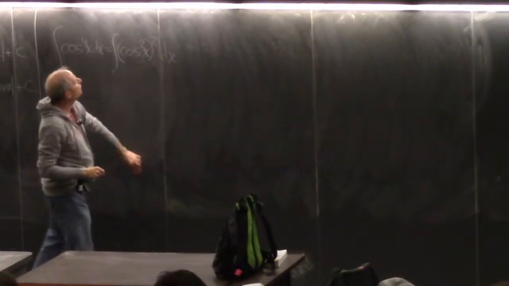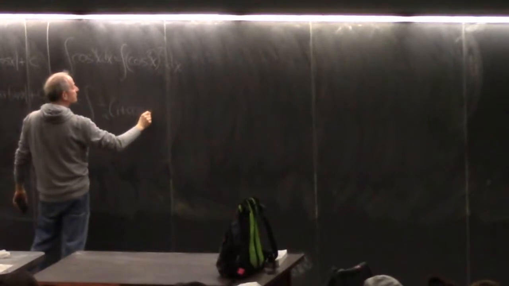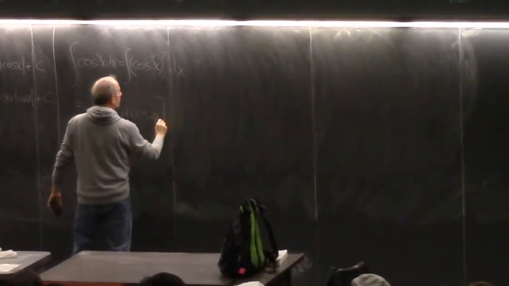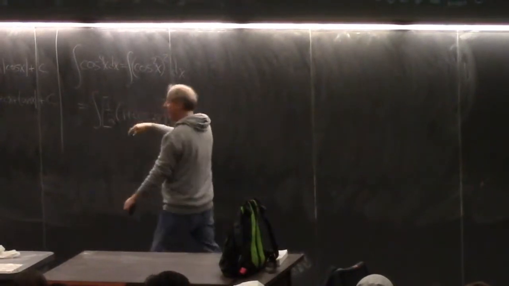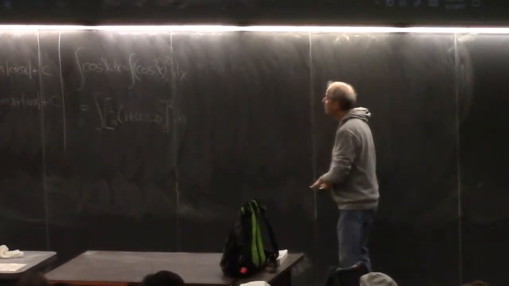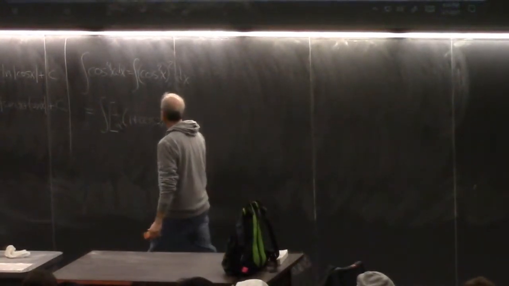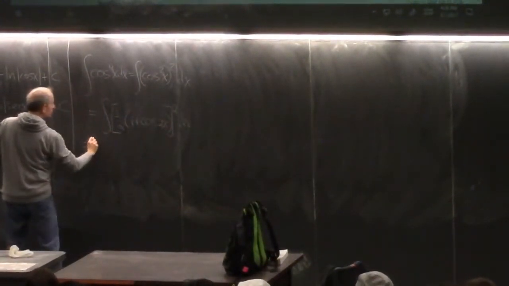Okay. So what was our substitution? Well, the substitution for cosine squared is 1/2 of 1 plus cosine 2x. So this is going to be 1/2 1 plus cosine 2x squared. So first thing is you're going to have to square the half. So a half squared is a quarter.